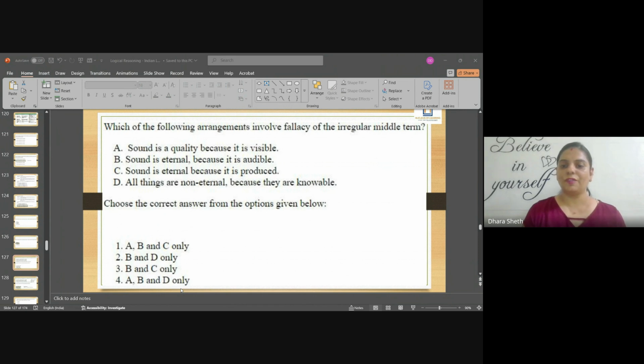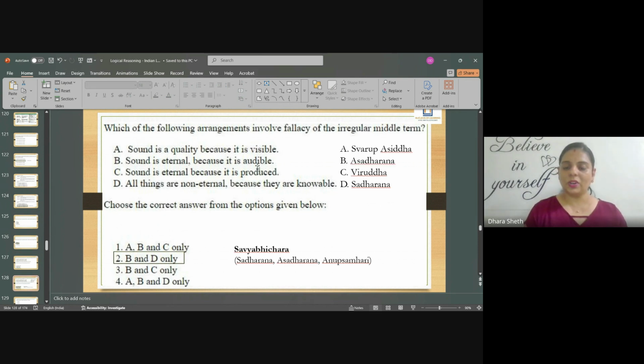What is the fallacy of irregular middle term? Savyabhichar. The middle term is too wide, too narrow, or it includes everything. It leaves nothing as the Sapaksha and Vipaksha. Okay. So here, two statements fall into that category.